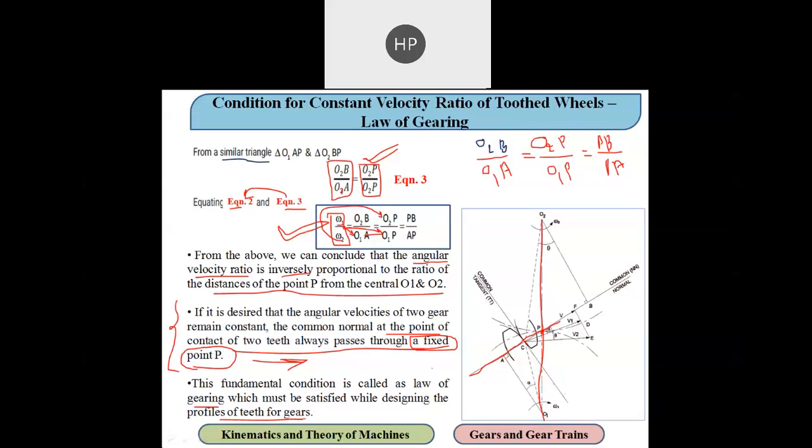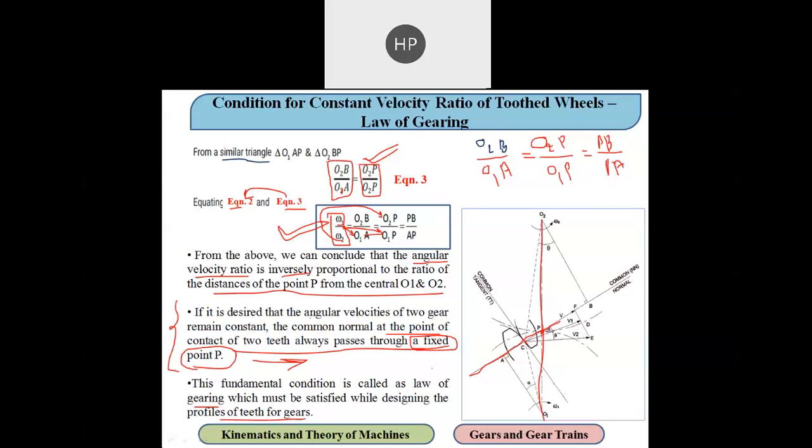And if this condition is not satisfied, then we are not able to get a constant velocity ratio throughout the motion. If the constant velocity ratio is not maintained, whenever gear 1 transmits power to gear 2, there will be some loss of motion and power. That's why this law of gearing is very important.